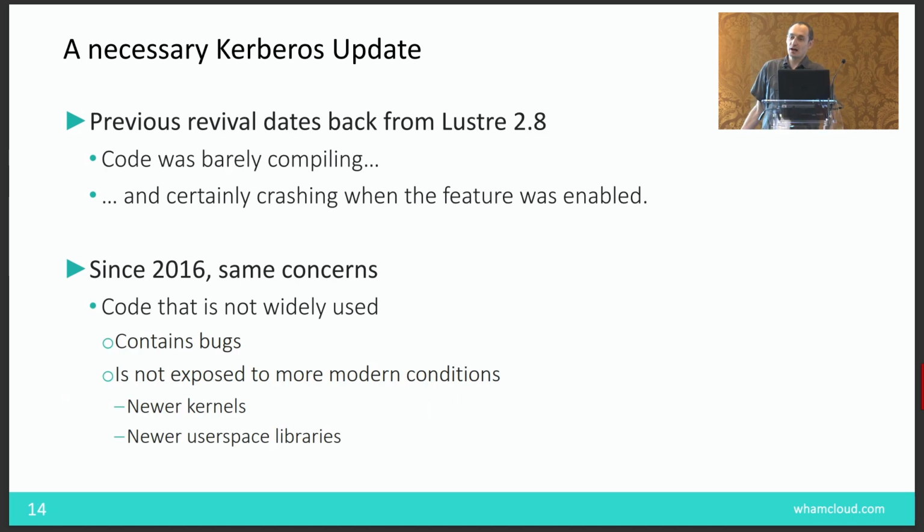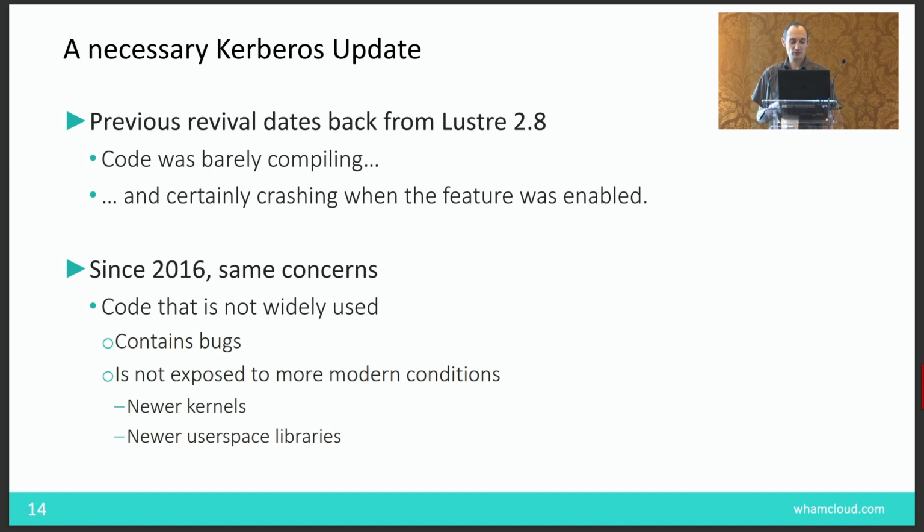Okay, so as I explained earlier, there was a previous revival of the Lustre Kerberos feature in 2.8. Actually, by that time, the Kerberos code was barely compiling, and as soon as you activated it, it was directly crashing.